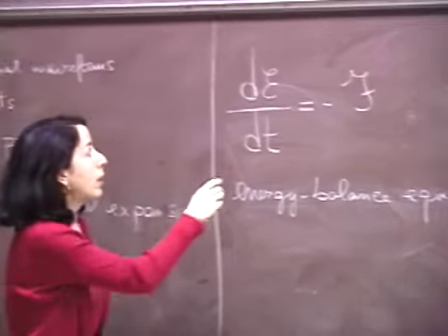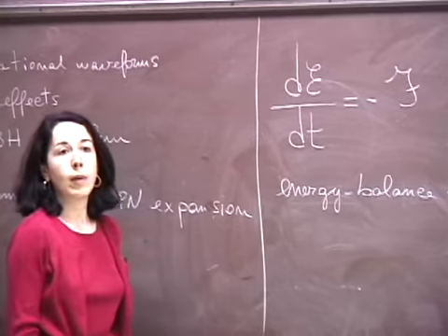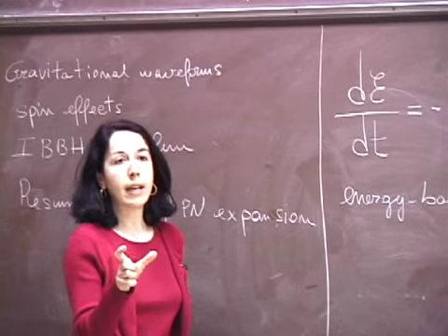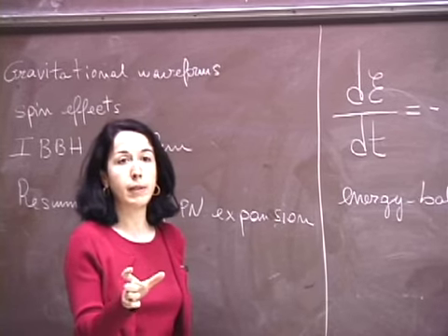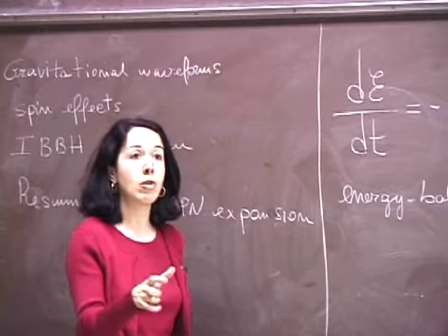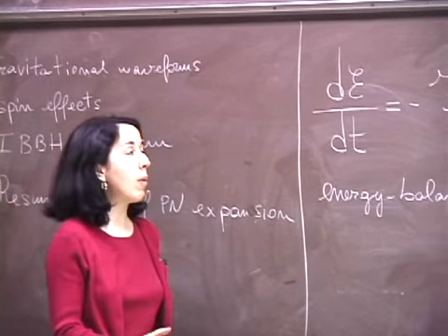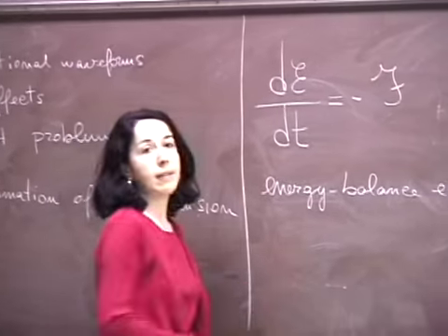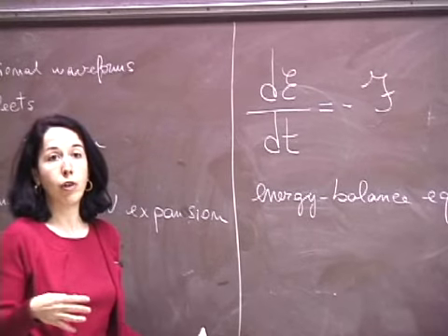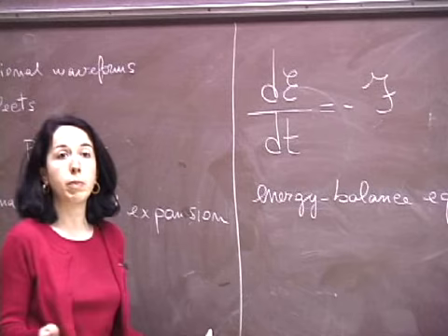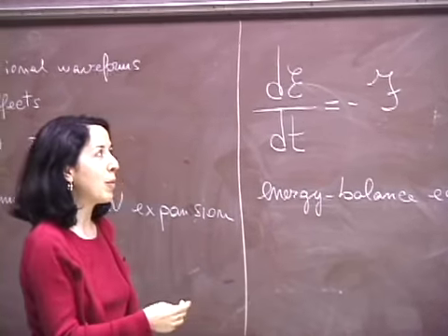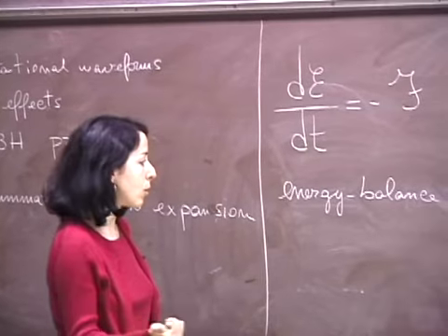In this equation, E is the so-called mechanical orbital energy of the system, so it's the energy in the center of mass of the binary when we disregard radiation reaction effects. And F is the flux of gravitational waves at infinity, the so-called luminosity function. You heard about it some weeks ago in this course by Kip.